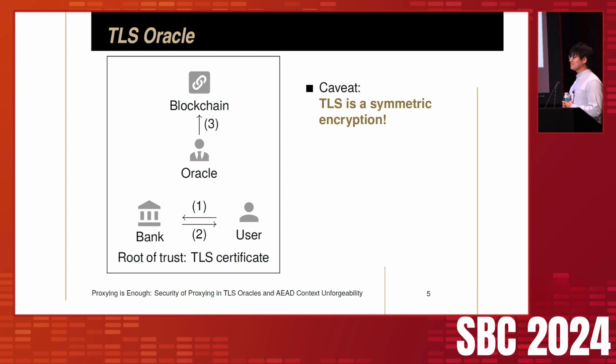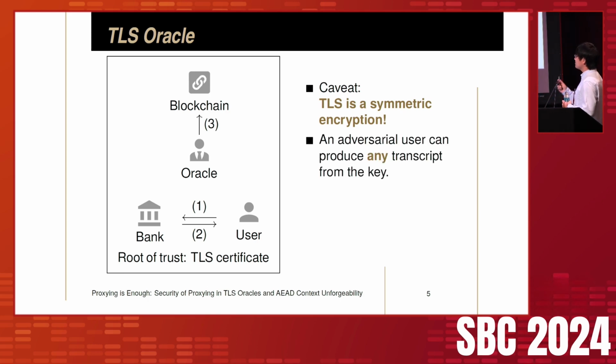The caveat of TLS being symmetric encryption is that if I'm some bad guy, an adversarial user, I can produce any transcript I want, given my handshake with the server. So if I communicated with the bank and the bank told me I have a very poor credit score, I can actually flip it around and produce a transcript saying I have a very good credit score.